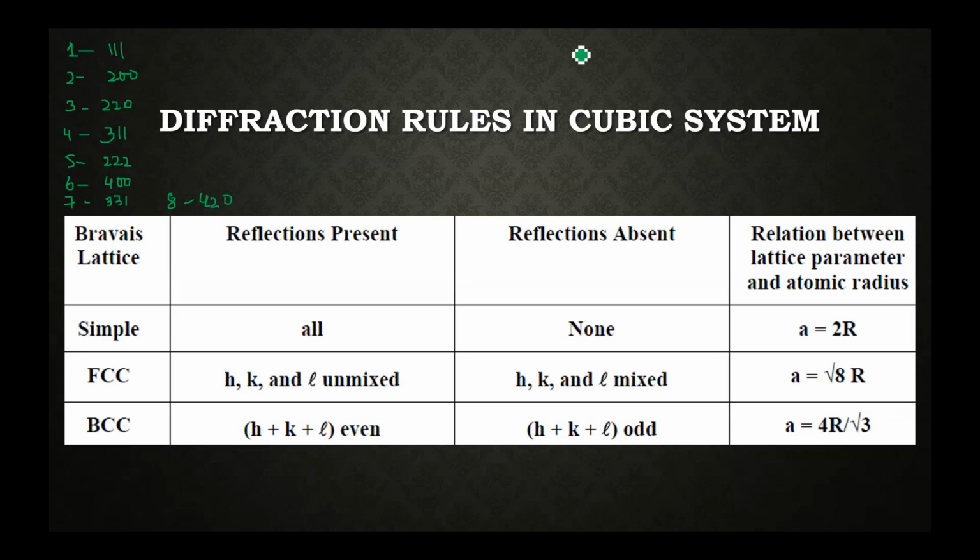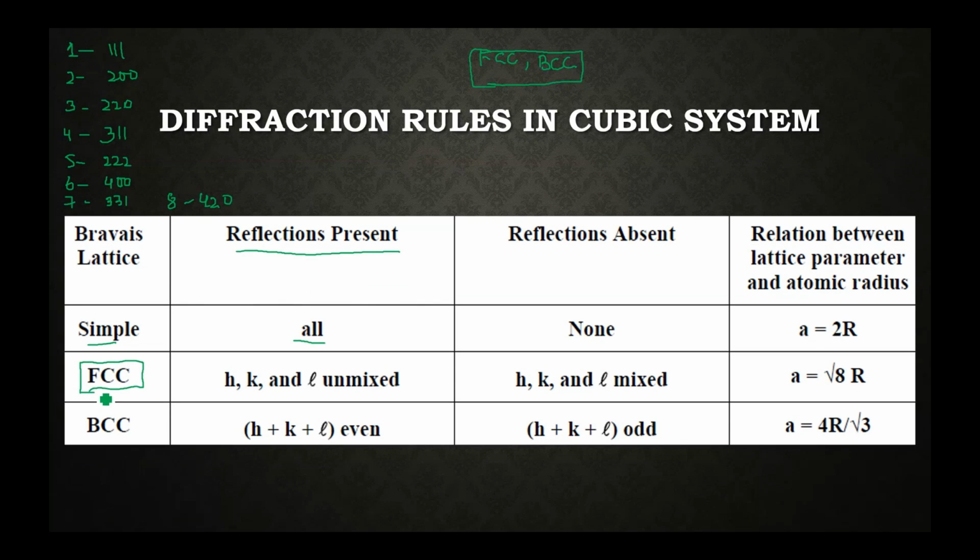Now in order to identify the crystal structure, whether it is FCC or BCC, you have to use this criteria that is given to you, reflections present. For simple cubic, all the peaks would be present. Don't worry about it for the moment. First, try to understand the criteria for FCC.